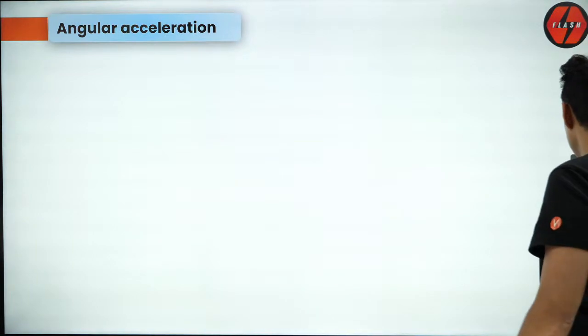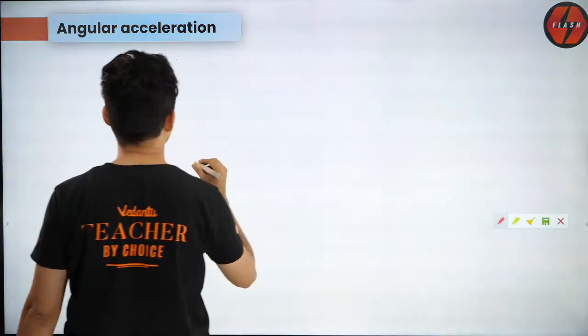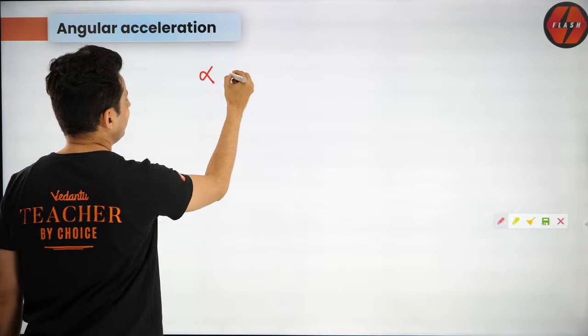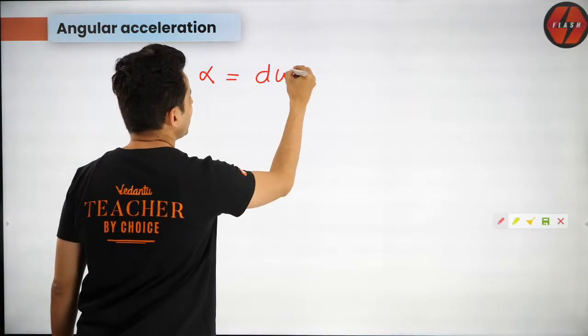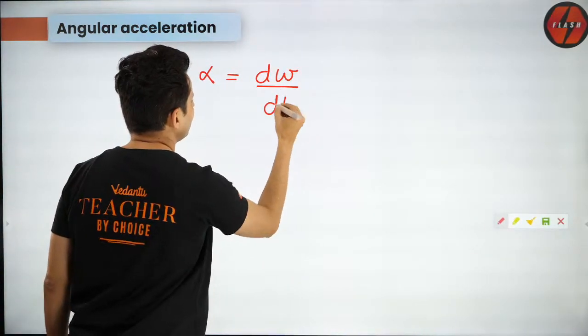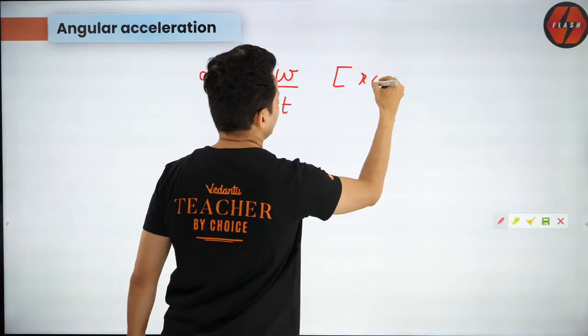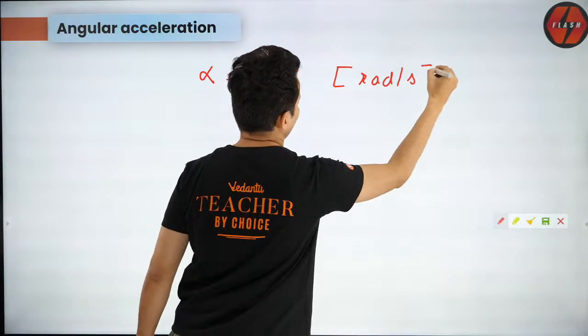Last session I told you what angular acceleration is all about. So alpha is d omega by dt, and it is expressed in radians per second square.